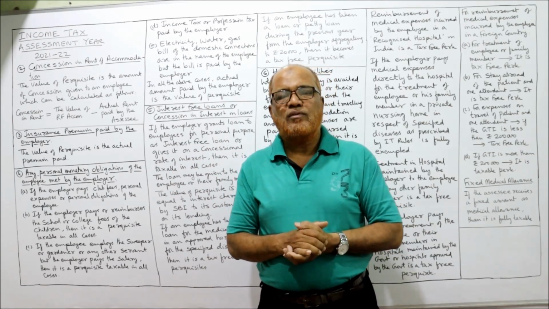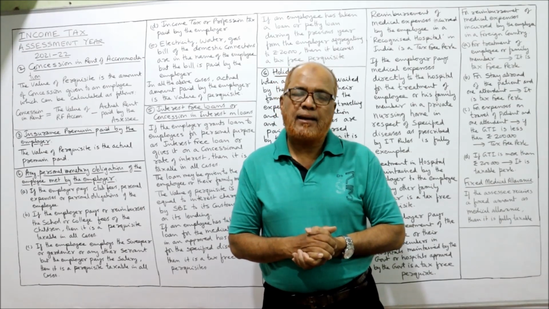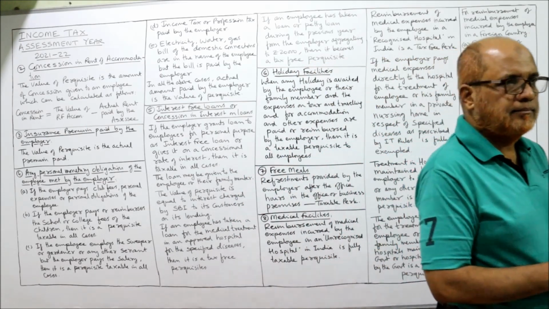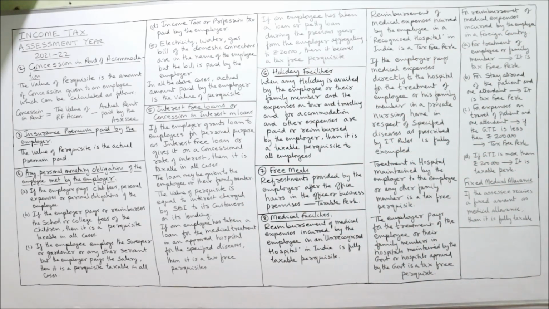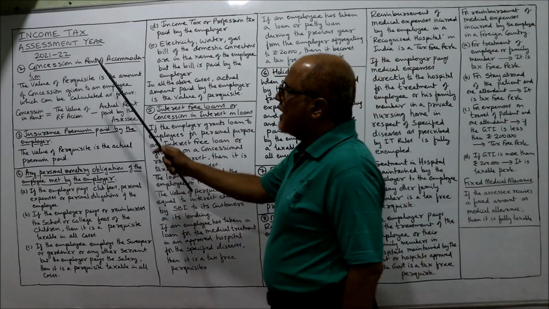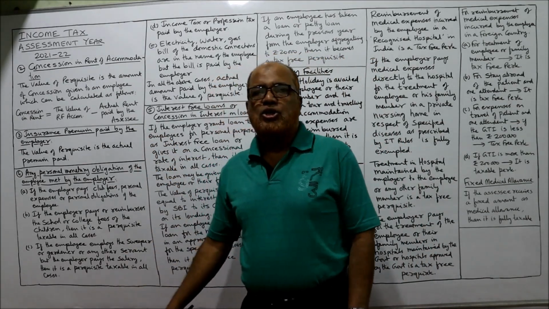Take a screenshot of the points which I have written, then I'll explain all the perquisites. Second perquisite, concession in rent of accommodation.